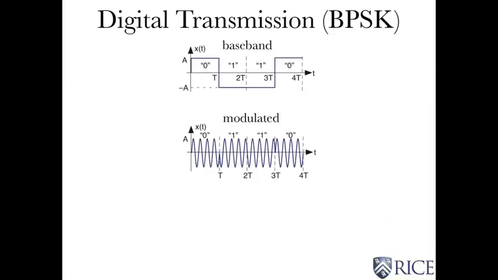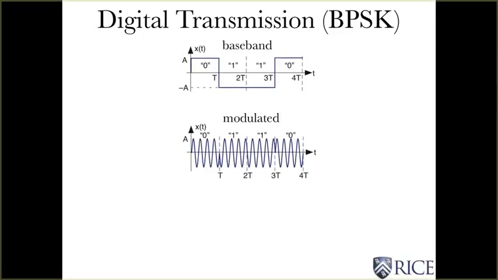All right. Here I'm showing an example of sending a bit sequence 0, 1, 1, 0, one after another, and you can see how we just tack on each signal from the signal set one after another to produce the transmitted waveform.